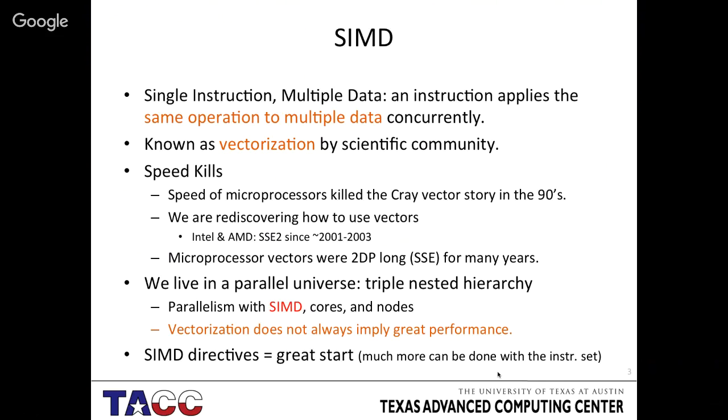Understanding the OpenMP SIMD directives is a good place to start for getting performance out of your code. You could go down to a level at the instruction set. The instruction set that they had for the vector machines was very simple and somewhat limited in what it could do.